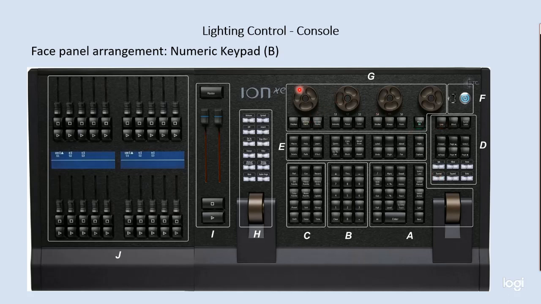The very top edge are moving light controls and soft keys, and our display key, which is very important. In the very, very upper right corner is the power button and USB. Dead in the middle of the console is our playback section, area I and H, where we can play cues in time. And then area J over here are the faders and submasters. So that's a quick look at the face panel layout.